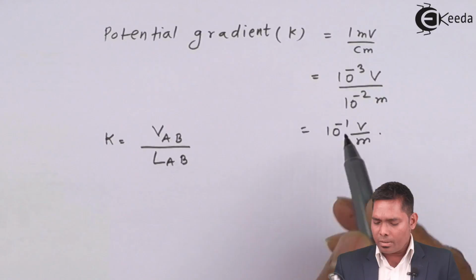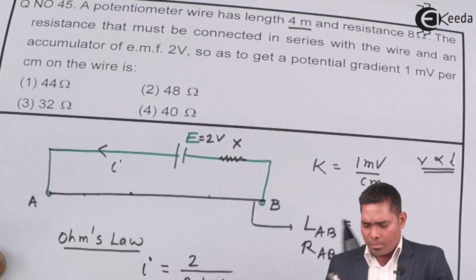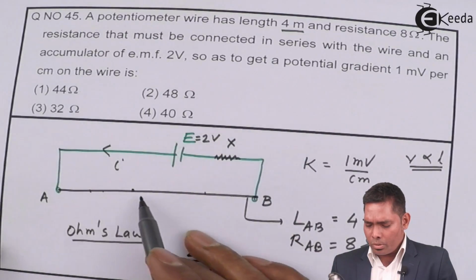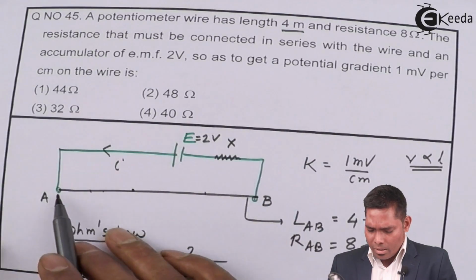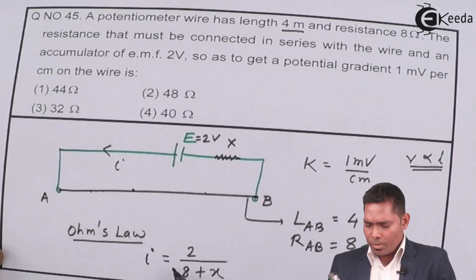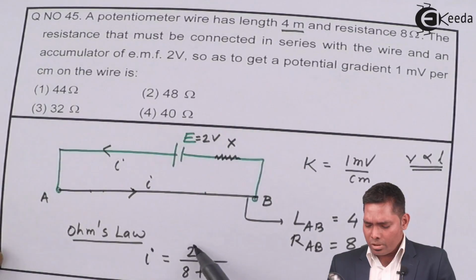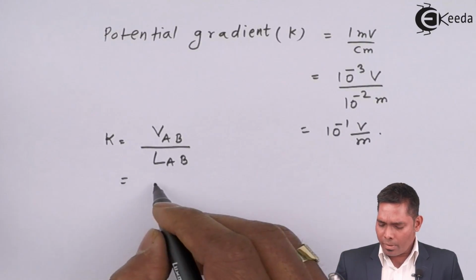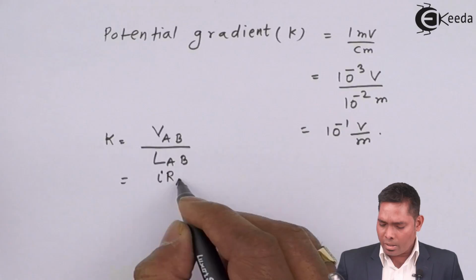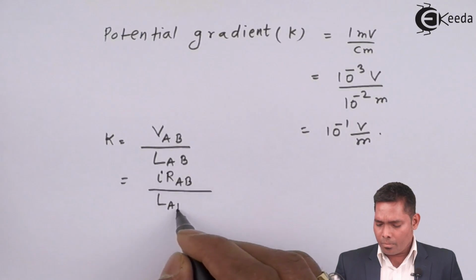The voltage drop across AB is the current flowing through it times the resistance. The current is this one, because whatever is the current, that current also will flow through this potentiometer wire. So K is current times resistance RAB divided by LAB.